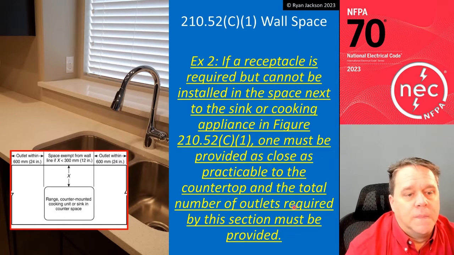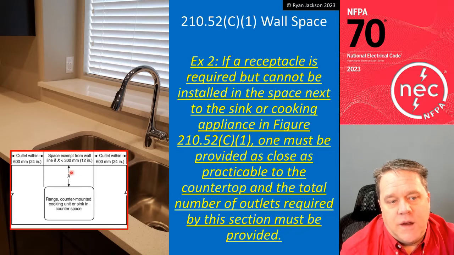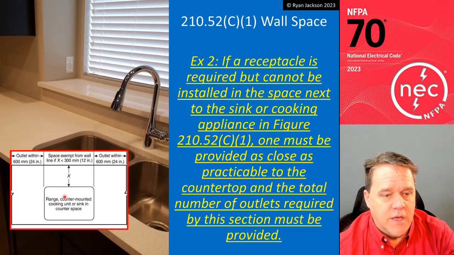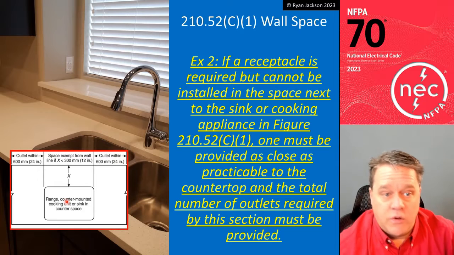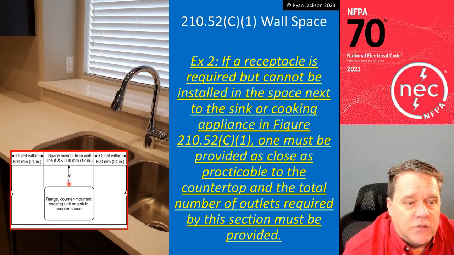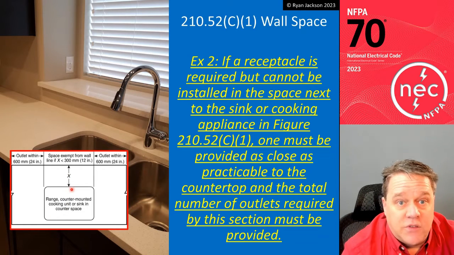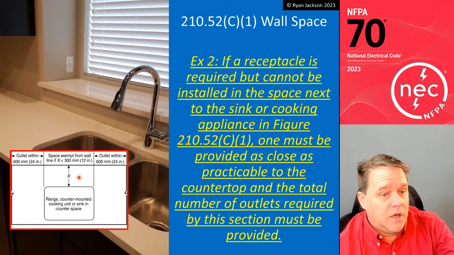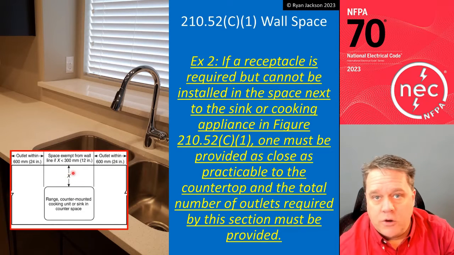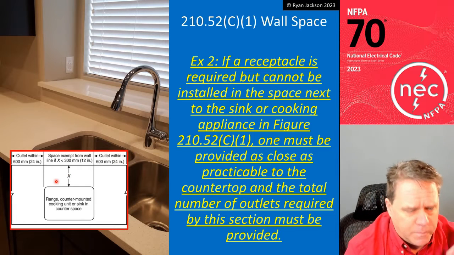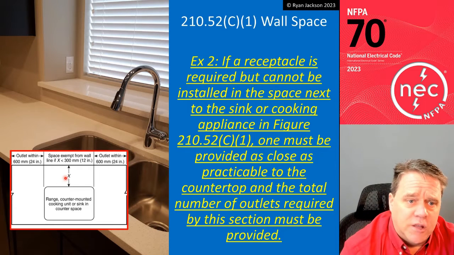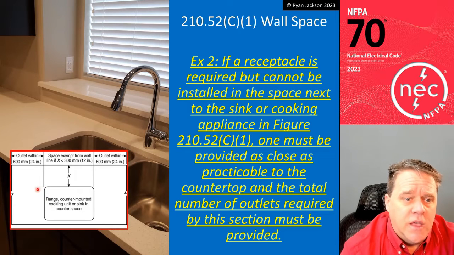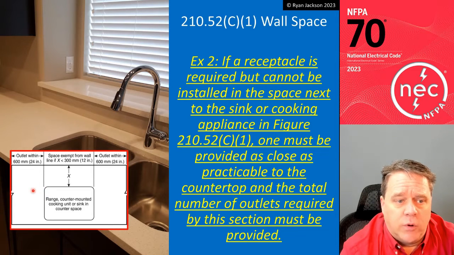All right, so here's the drawing from the NEC right there. It shows the range or the sink, and if it's less than 12 inches from the back of the sink or range to the countertop, then you don't need receptacles back there. Again, it's too small to put your coffee pot or your crock pot or whatever. So don't need receptacles directly behind the sink, like in this picture. But next to the sink, you need a receptacle within 24 inches.